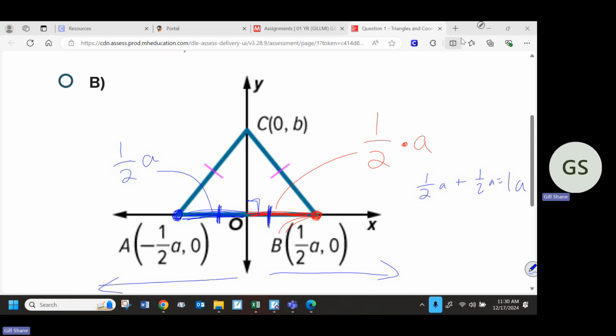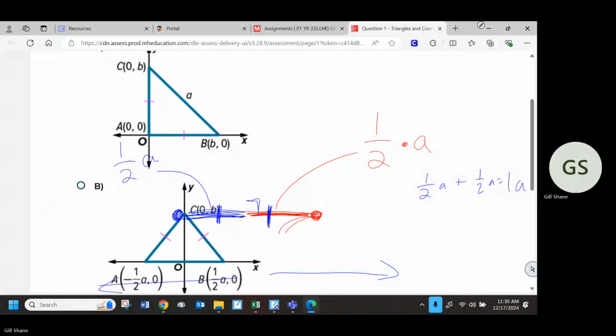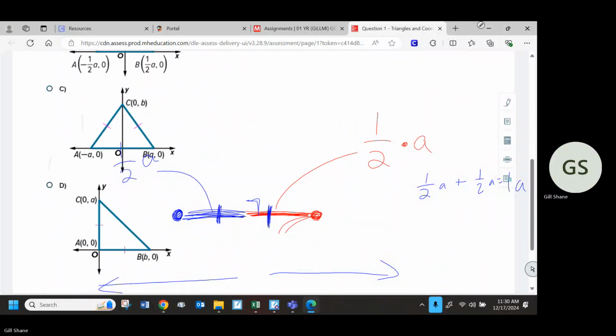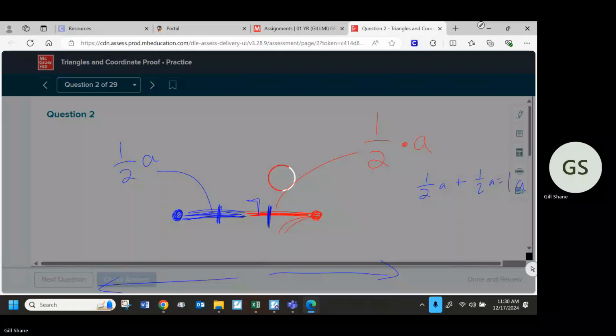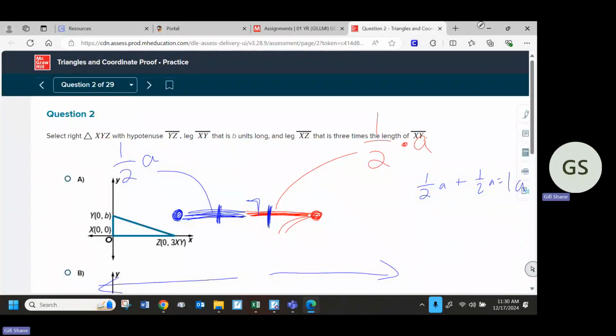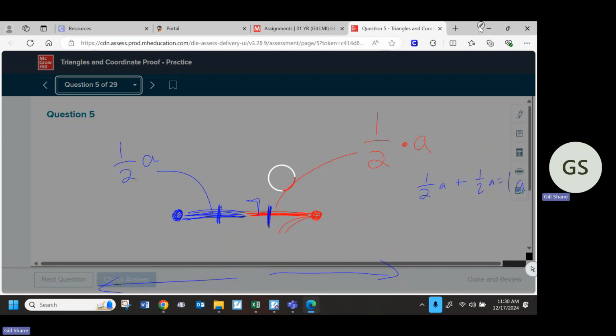All right, last one. You guys are going to do this one pretty quickly. All right, so I'm just going to go over this one.